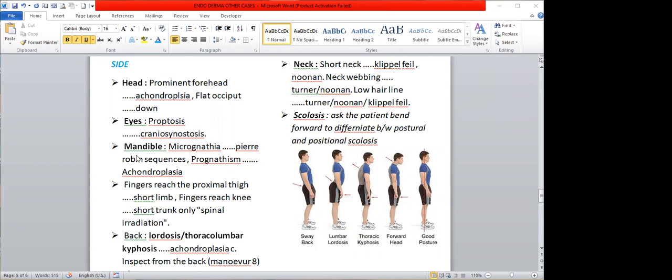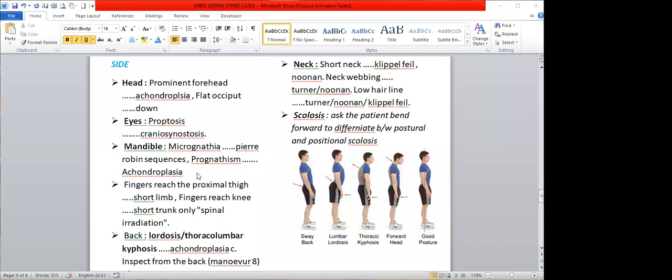Mandible, from the side view: micrognathia. Micrognathia may be found in Pierre Robin, maybe, or anything. In Treacher Collins, exactly. We discussed it in the previous session. Treacher Collins or maybe Pierre Robin.